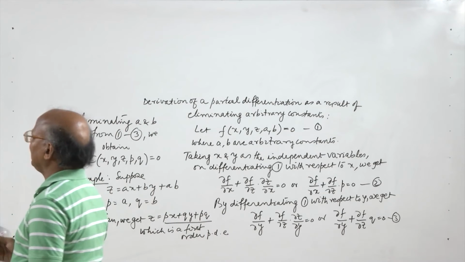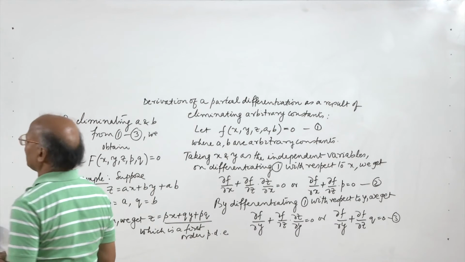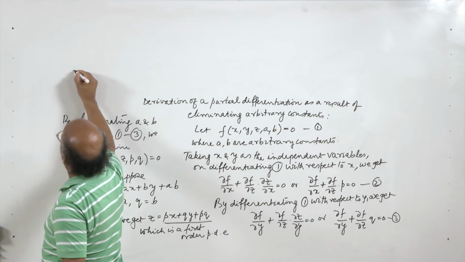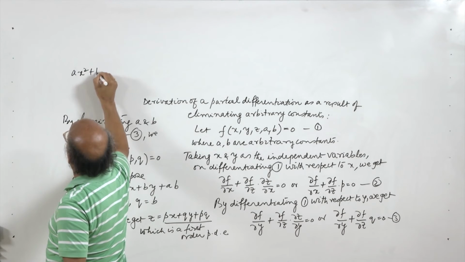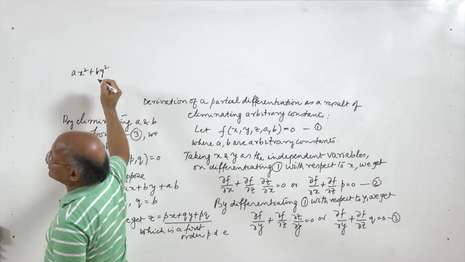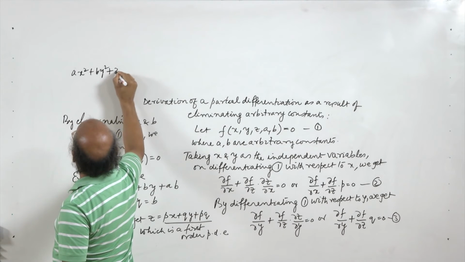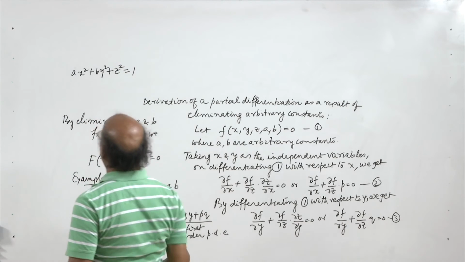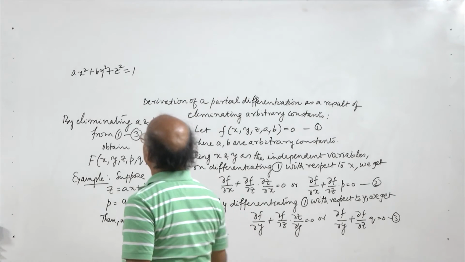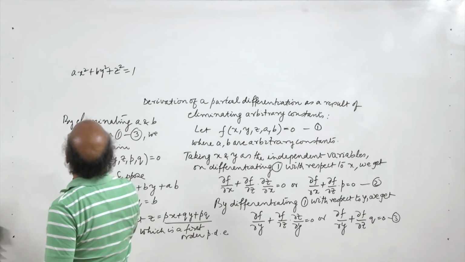Now, if you take another example, ax² plus by² plus z² equal to 1. Here also there are two arbitrary constants a and b. So let us find the differential equation from here.